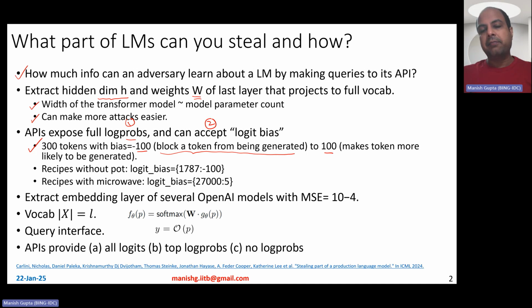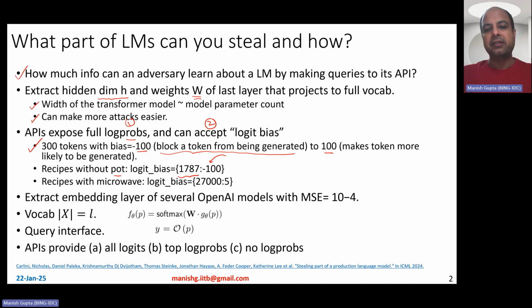For example, you're asking the model to create a recipe, and you don't have a pot to make that recipe. You therefore want the model to generate a recipe without a pot. In that case, you could take the token ID for the word pot and pass a bias of -100 to OpenAI's model so that it does not generate any recipe with a pot involved.